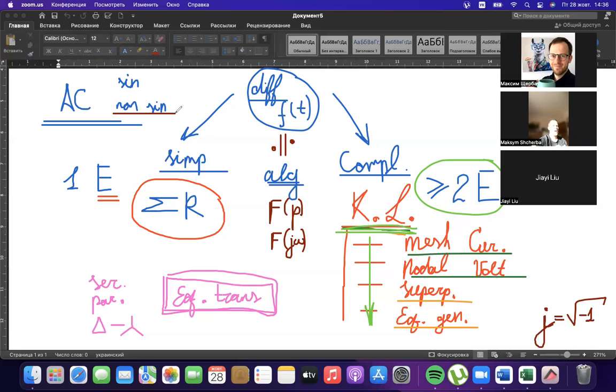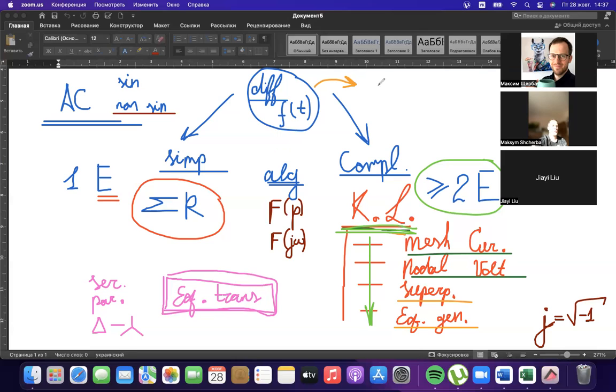For non-sinusoidal current, we can do exactly the same, but with an additional step in the middle. If it is not sinusoidal, we cannot use complex transformation directly, but we can first transform this non-sinusoidal function into a Fourier series, as a couple of sinusoidal functions as elements of the series.